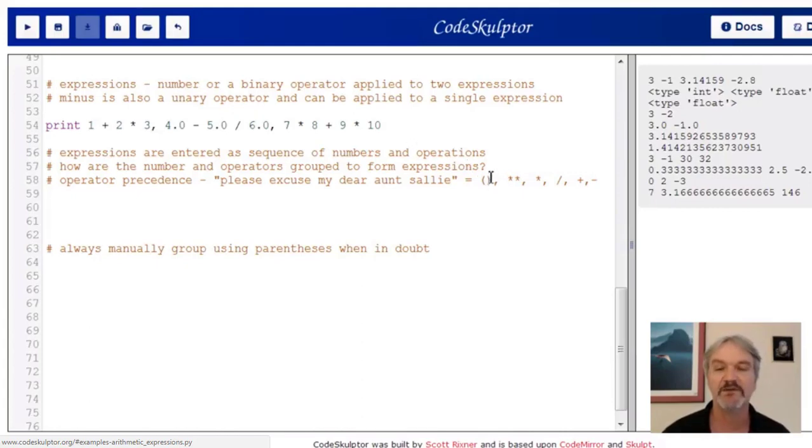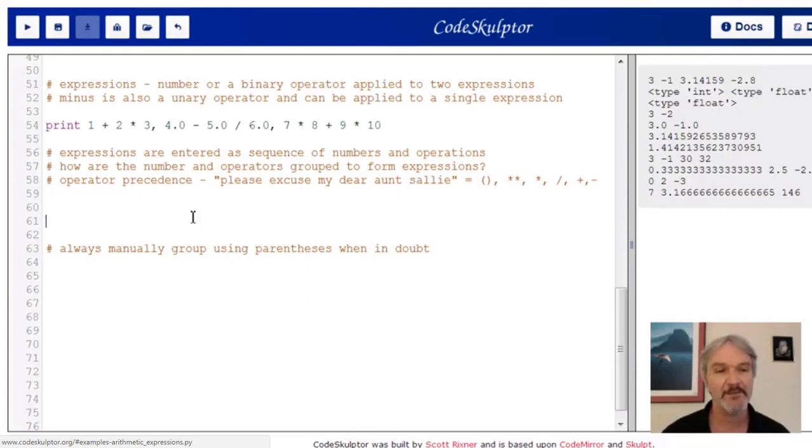So when we're evaluating expressions, we should always do parentheses first. After that, we should do exponentiation next. Then we do multiplication and division, M and D, which have equal precedence, so if we have a sequence of those, we just do them from left to right. And finally, we do addition and subtraction last.